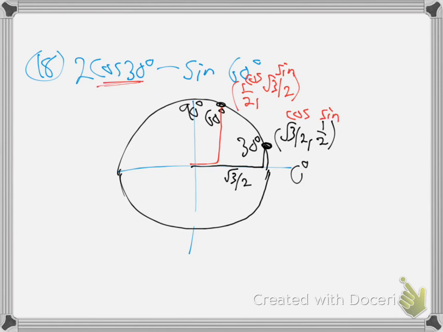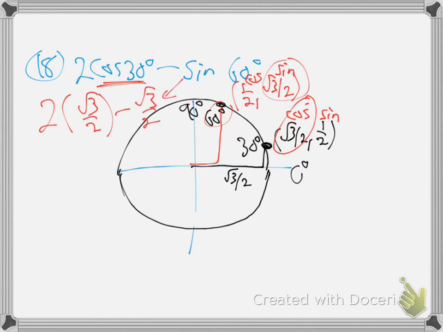So what do they want? Cosine 30, what is it? There's cosine of the 30, so this is 2 times root 3 over 2 minus sine of 60. What's sine of 60? Sine of 60 is also root 3 over 2. We good so far? Bring this down.